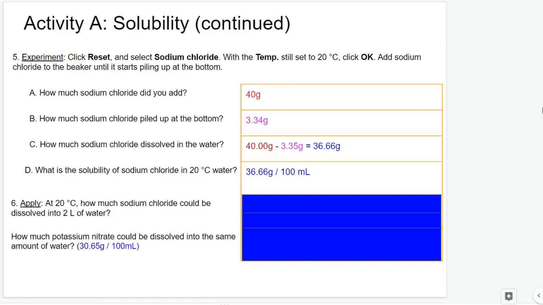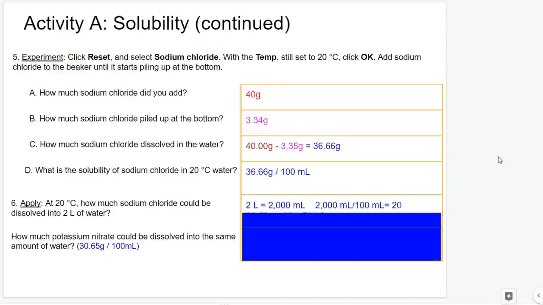So I'm looking at how much I can dissolve in 2,000 milliliters of water. So I want to know how many times does this go into 2,000 milliliters? Well, 2,000 milliliters divided by 100 means I'm going to do this 20 times. So there's twenty 100 milliliters in 2 liters.